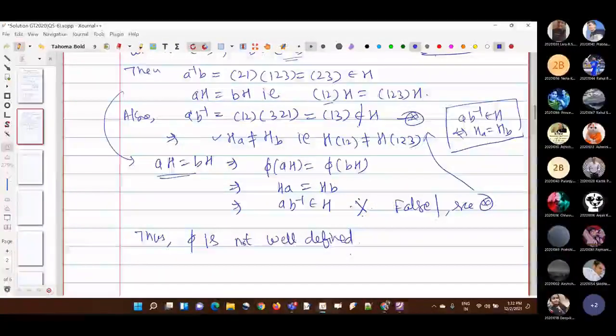It means that the same element can have more than one image. Many elements can have a single image, that's all right, many to one. But one element cannot have more than one image. So that will not be counted as a function. I think it's all right to you.